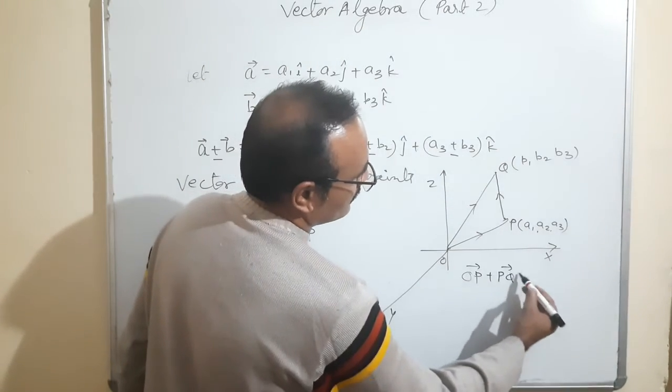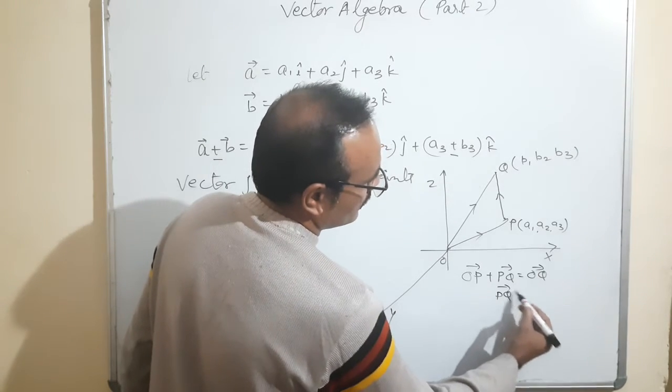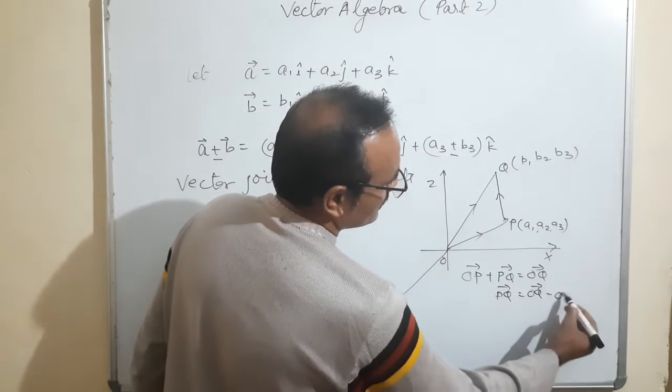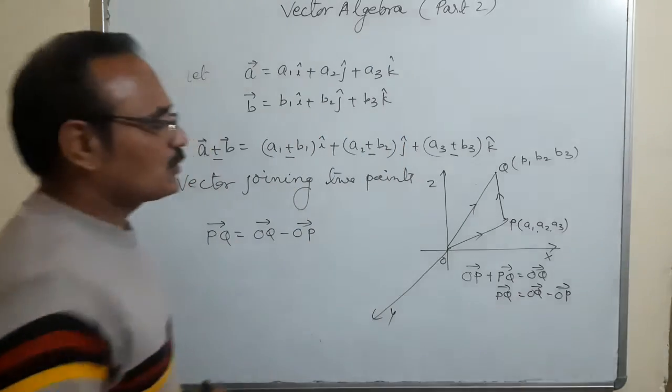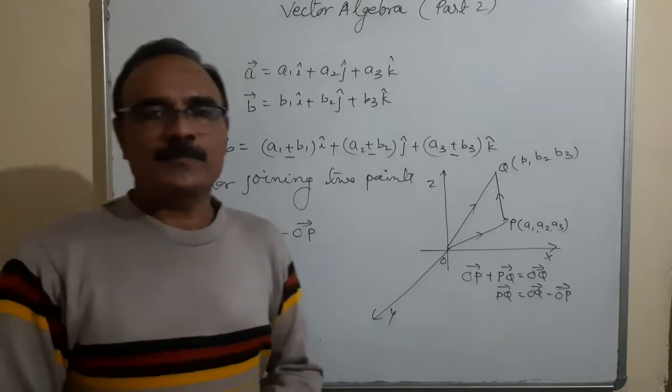Got it? So by triangle law of vector addition, PQ is equal to vector OQ minus OP.